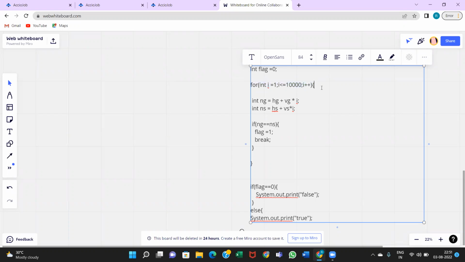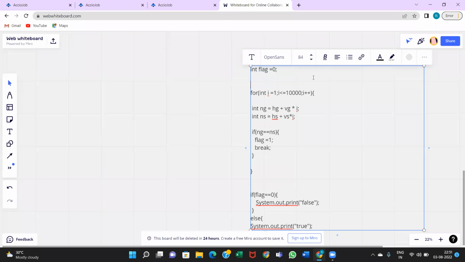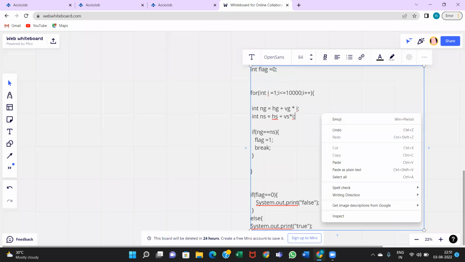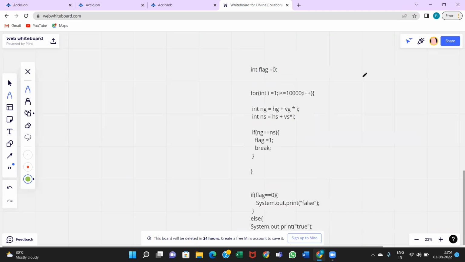In that case, you'll iterate 10,000 times. You start from 1, reach 10,000, and realize that the flag value is 0 only. So how many times did you actually traverse your loop? It is 10,000 times, so the time complexity will also be 10,000.